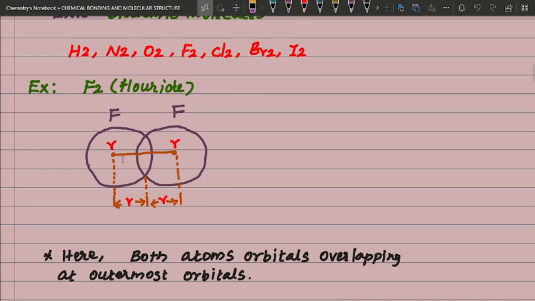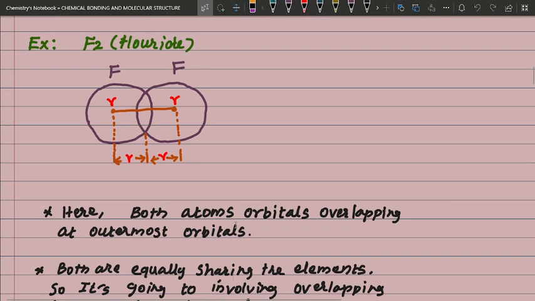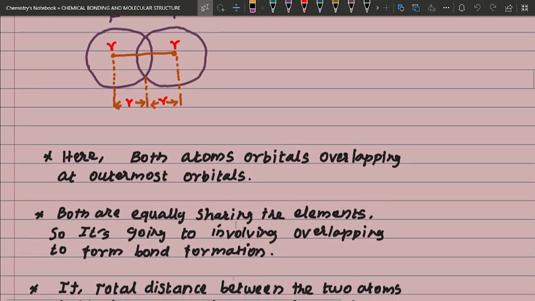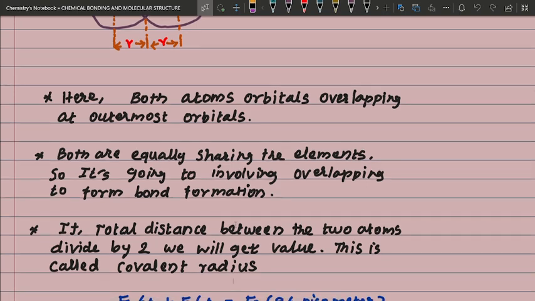See the radius between the two fluorine atoms. Here the two fluorine atoms have the same size because both are the same element. Both atoms' orbitals overlap at the outermost orbitals. Both are equally sharing the electron, so overlapping leads to bond formation.